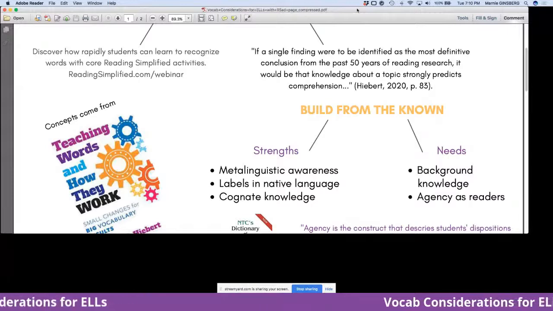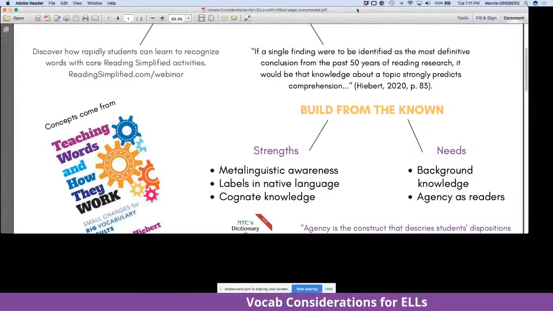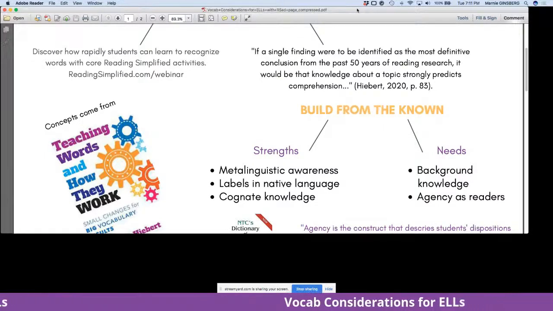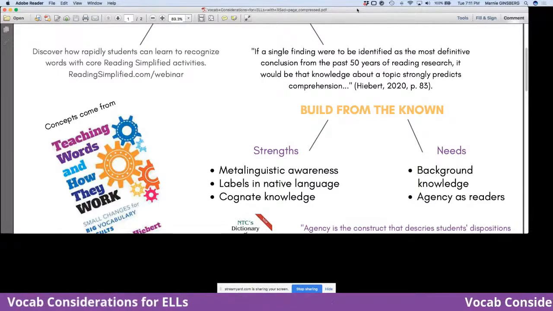So the English language learners in our midst, even if they're 5, may have some assets in metalinguistics that our other students don't have. We need to draw on that and be aware of it.